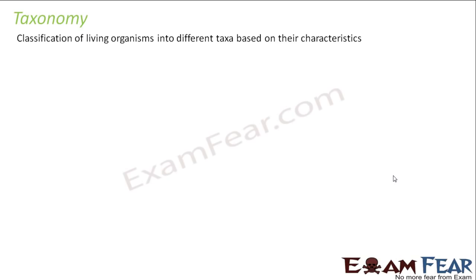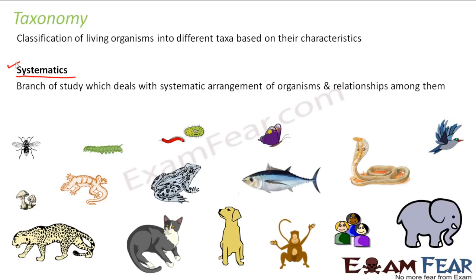It is basically a branch of science which deals with classifying living organisms into different taxa based on their characteristics. Now, when I talk about taxonomy, it becomes important to talk about systematics. Systematics is the branch of science which deals with the systematic arrangement of organisms and the relationships amongst them. This is a very important branch of science.